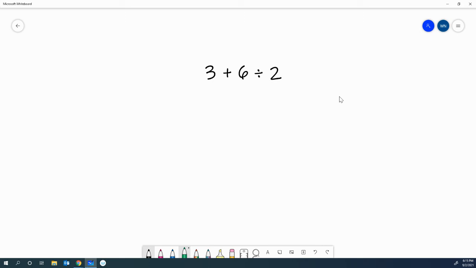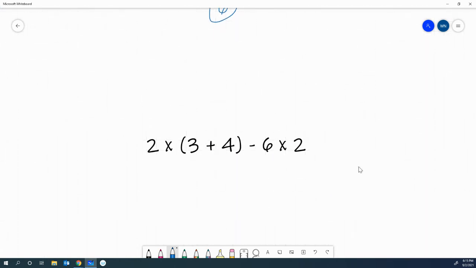We've got to divide before we can add. Even though that addition looks like it comes first, if we follow the order of operations, we've got to divide first. So 6 divided by 2 is 3. Bring everything else down. Now we can add. 3 plus 3 is 6. 6 is my answer.